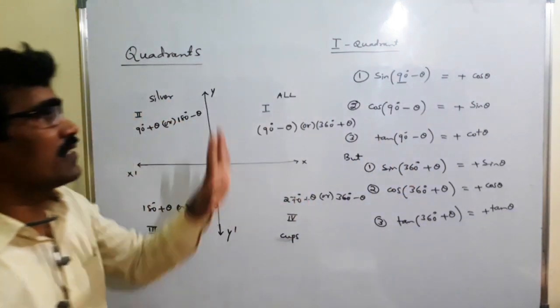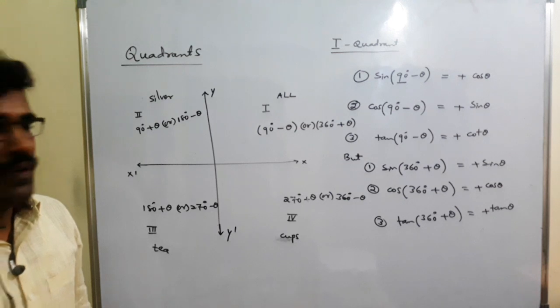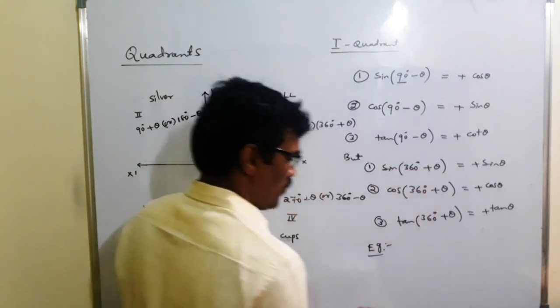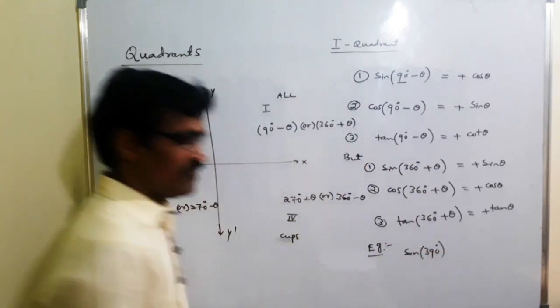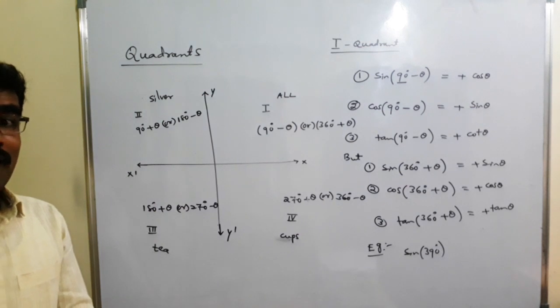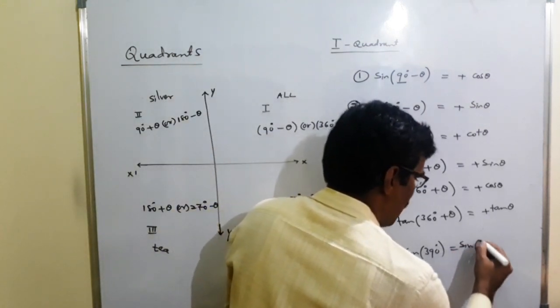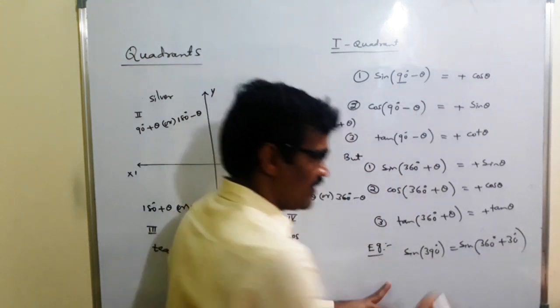So this is the first quadrant. Suppose for example, sine of 390 degrees. We can write it as sine of 360 degrees plus 30 degrees.